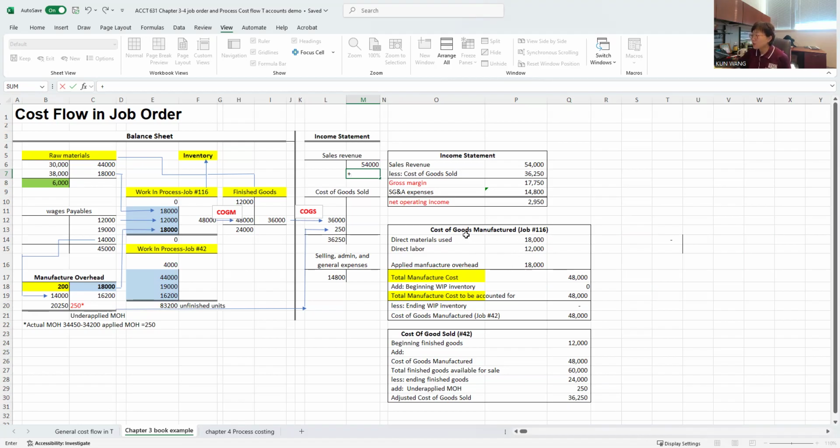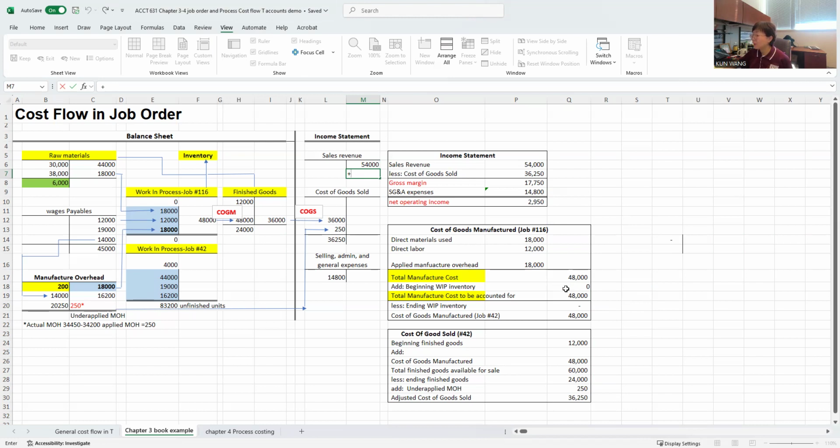So for cost of goods manufactured, I put the current input, right? That corresponds to these three numbers in a larger account. That's your total manufacturing cost with no beginning balance. And that will be the same because we have no beginning balance. The total manufacturing cost to be accounted for is equal to the current cost.